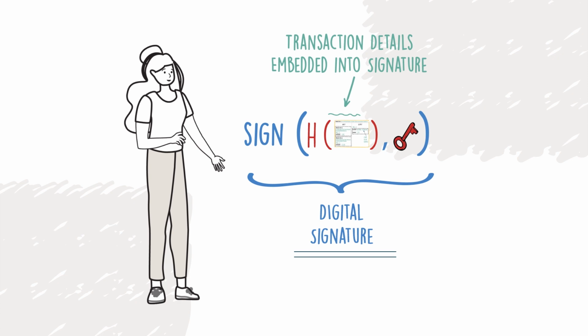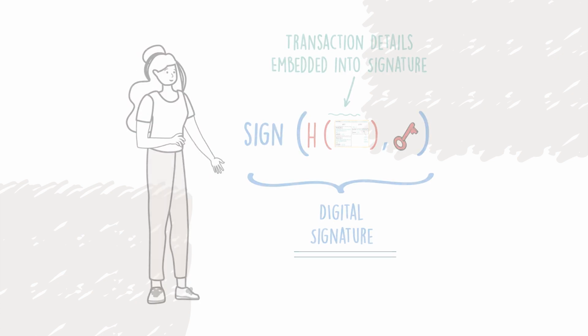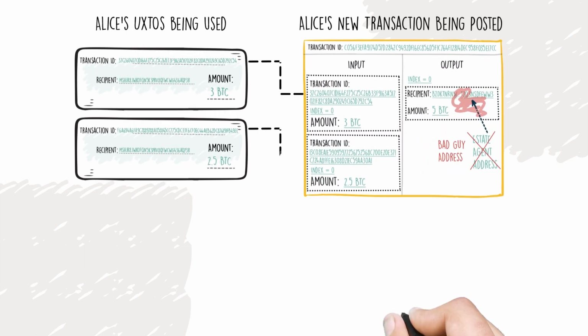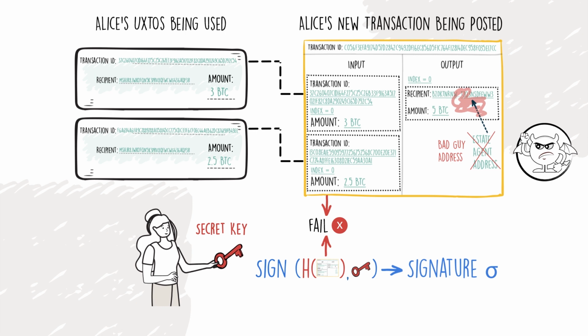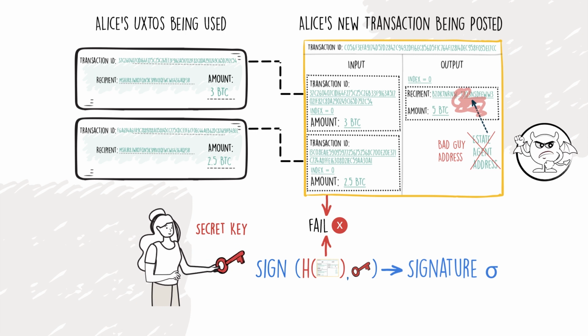And recall from the previous digital signatures video, signing a transaction means that the signature has embedded in it a hash of the details of this transaction. If a bad guy edited the transaction after Alice has signed it, when the Bitcoin system tries to verify Alice's signature against the transaction, it will fail because the transaction has changed compared to the version that Alice signed.